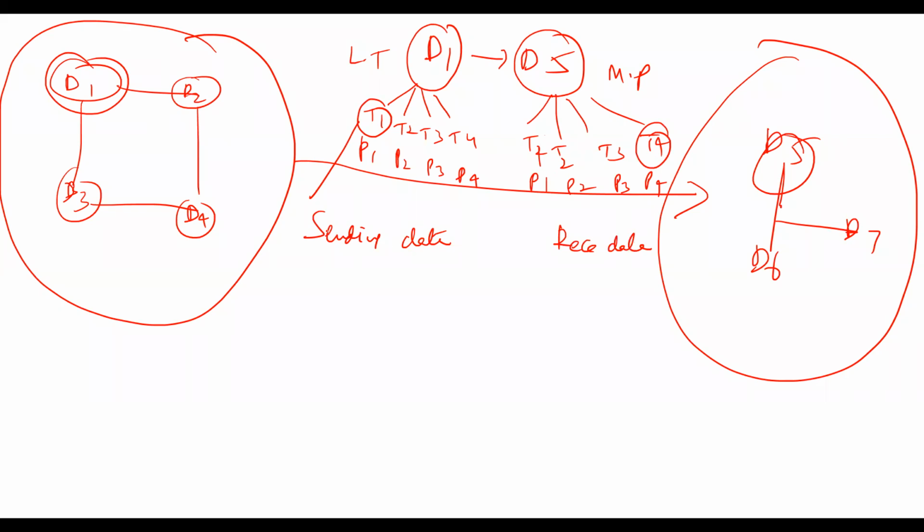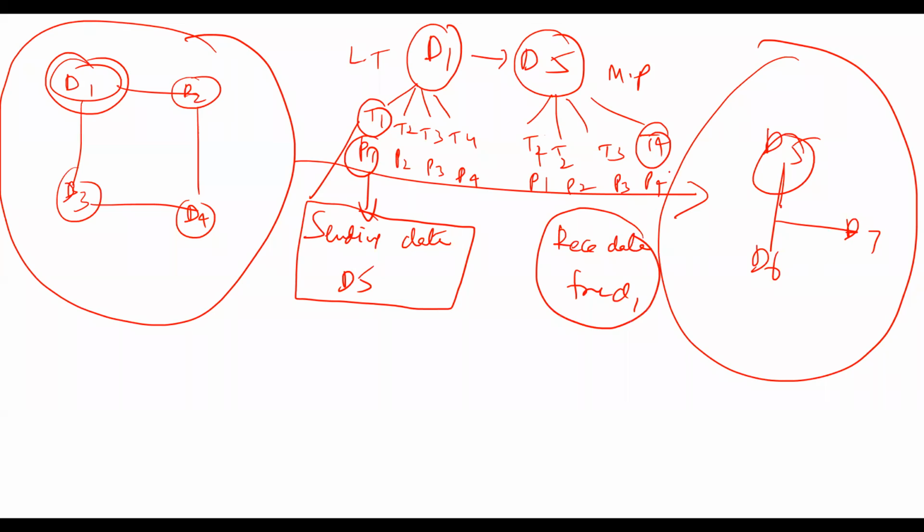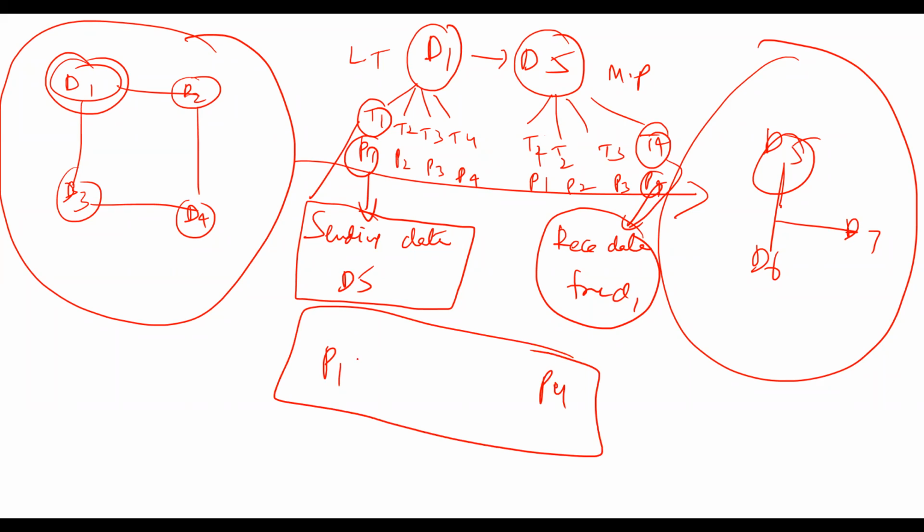Here task 4 is receiving data. Sending data to D5, this particular task is assigned to process 1. Receiving data from D1, this particular task is assigned to P4. So P1 and P4 belong to the same category because P1 is sending data and P4 is receiving data.